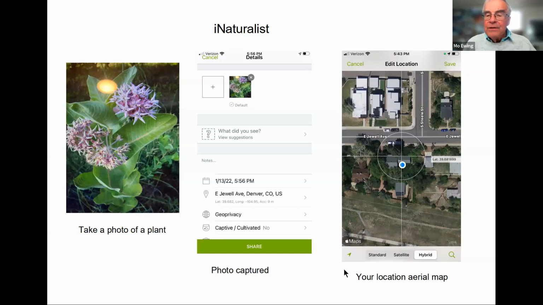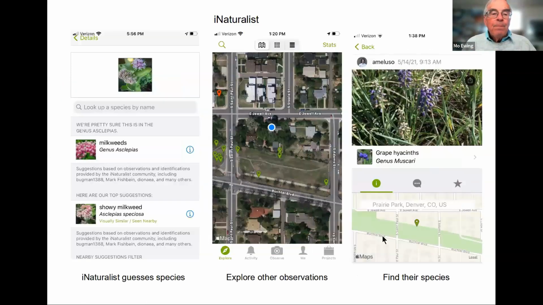The other thing about this is that you can check out the location of where you've taken the photo to make sure it's correct. In this case, I identified that as showy milkweed, Asclepias speciosa, which we're familiar with.